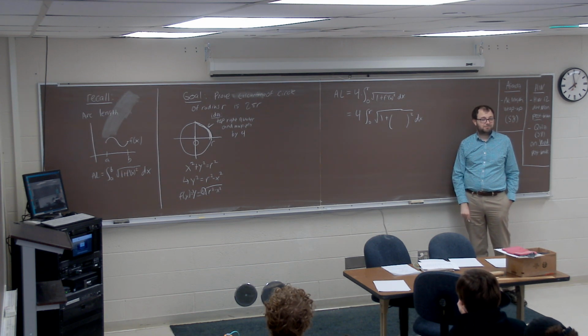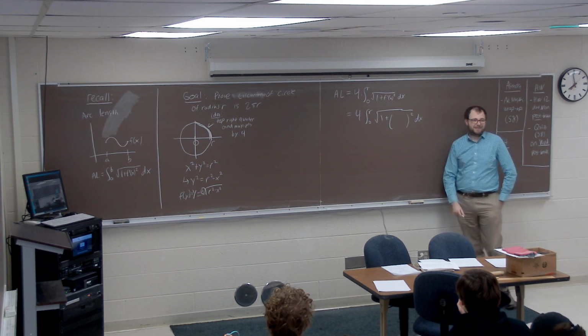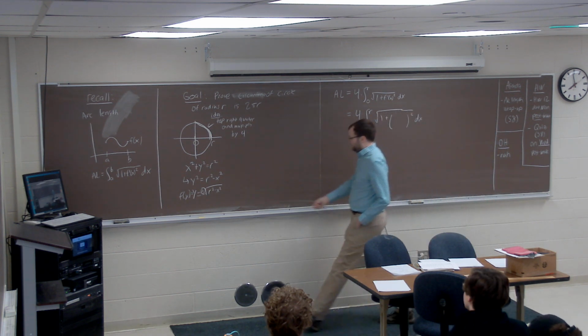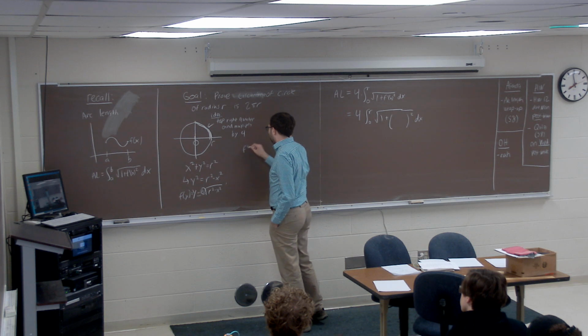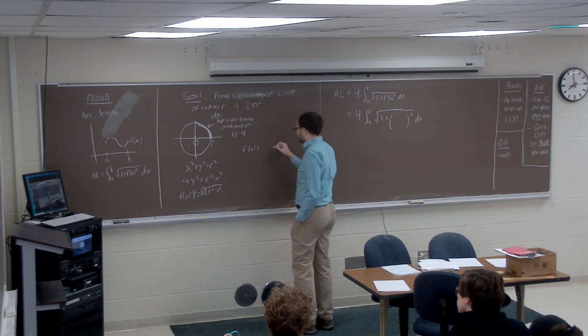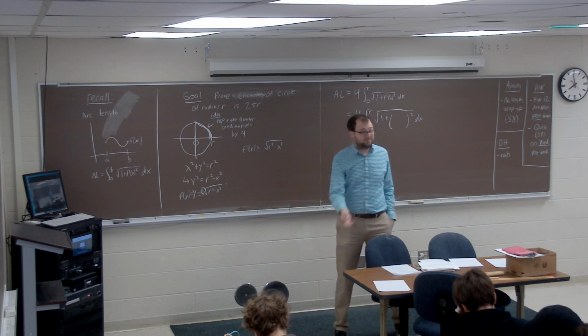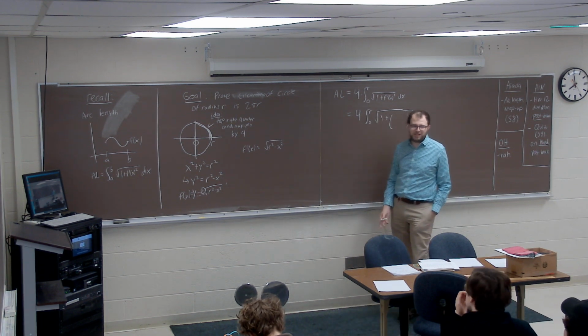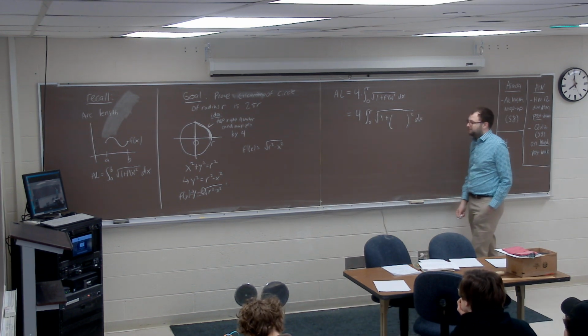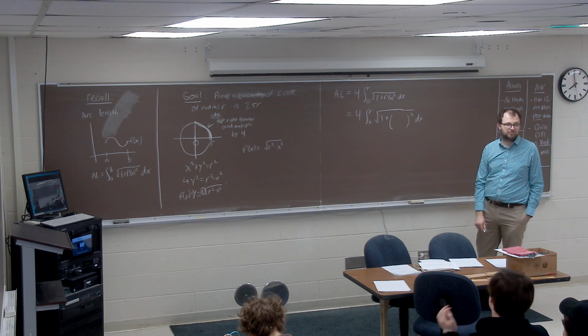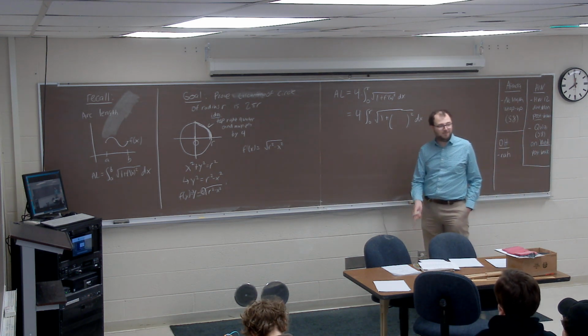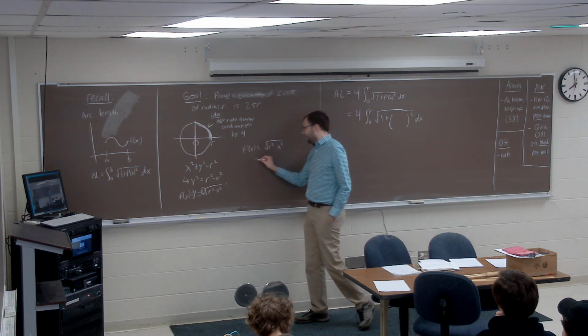Well, we have to differentiate first. All right. So if f of x is the square root of r squared minus x squared, keeping in mind that r is just a constant, Gabe, how would you go about differentiating that? Some chain rule. All right. What's that going to give us?